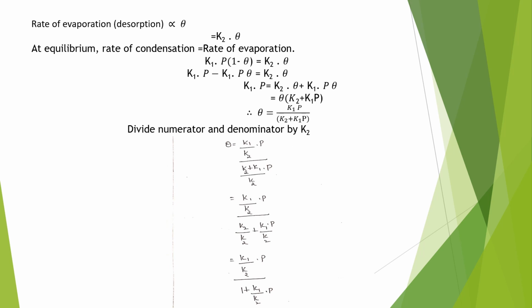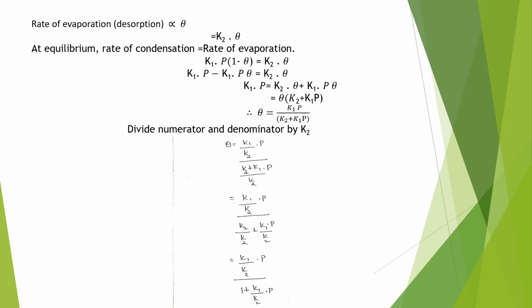The rate of condensation we got as K1P into 1 minus theta, and the rate of evaporation as K2 into theta. Therefore, K1 into P into 1 minus theta is equal to K2 into theta. Look at the left hand side. Opening the brackets, we get K1 into P minus K1 into P into theta, which is equal to K2 into theta.